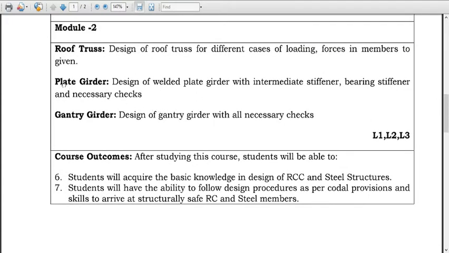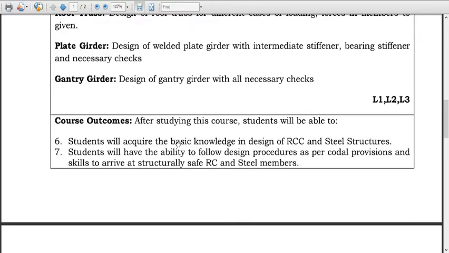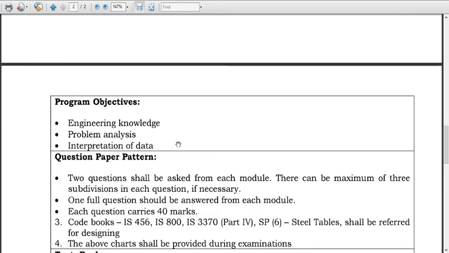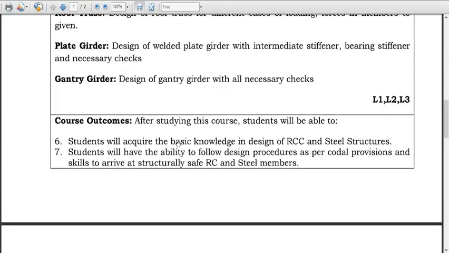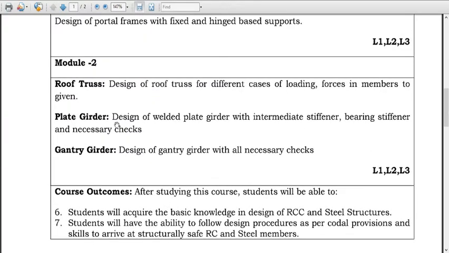Now initially we will start with the plate girder. So what are the prerequisites? Prerequisites for starting the next class, that is plate girder: you need to know design of steel structure elements fully, that is design of bolted connection, design of welded connection, also the compression member, tension member and the beam.